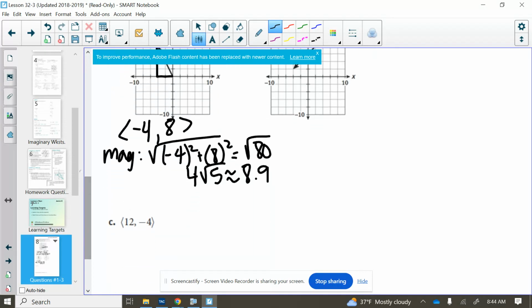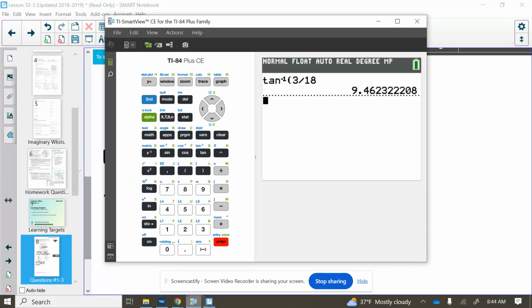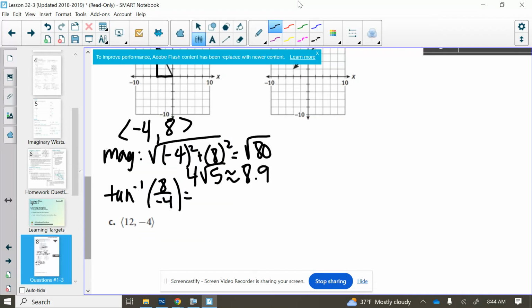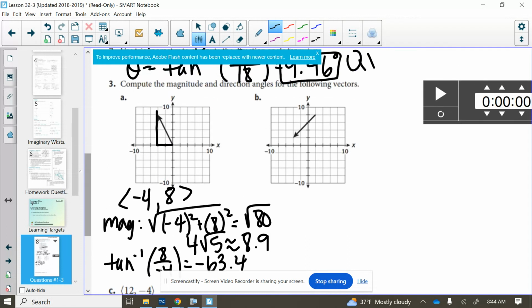And then we would take tan inverse of that b value divided by our a value to get our directional value, our theta value, I guess I should say, of -63.4. Now the thing is, -63.4 is not going to be representative of the direction of this vector, because think about this vector, it is pointing up towards quadrant 2, right?